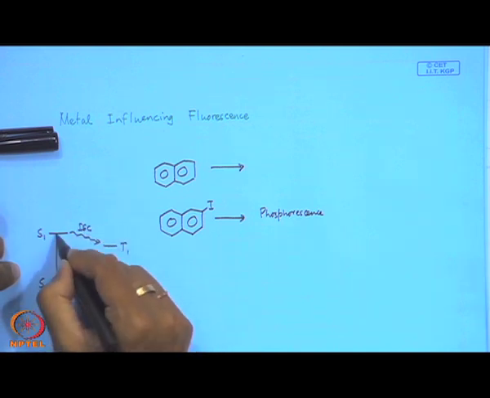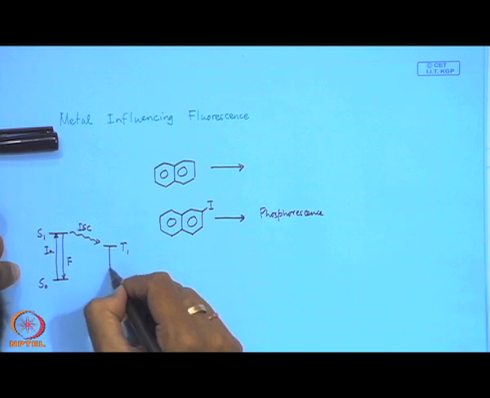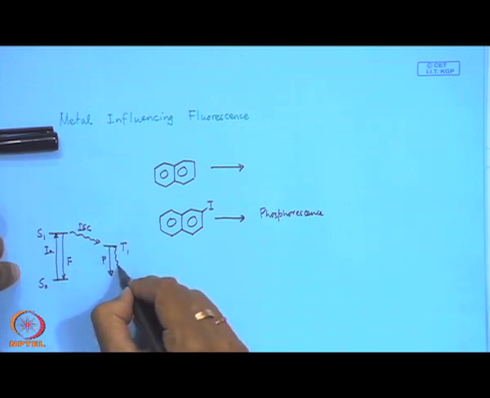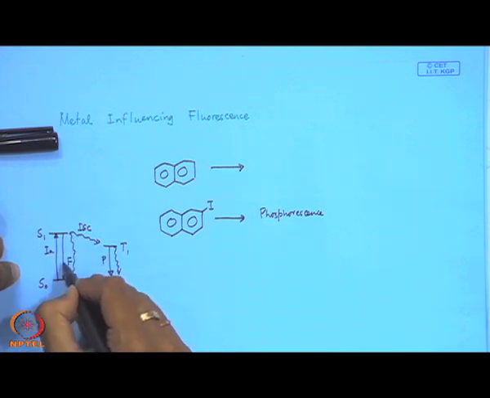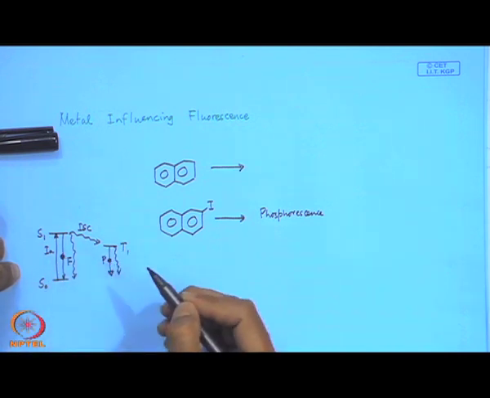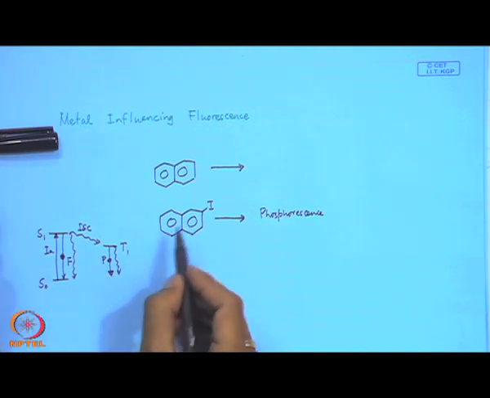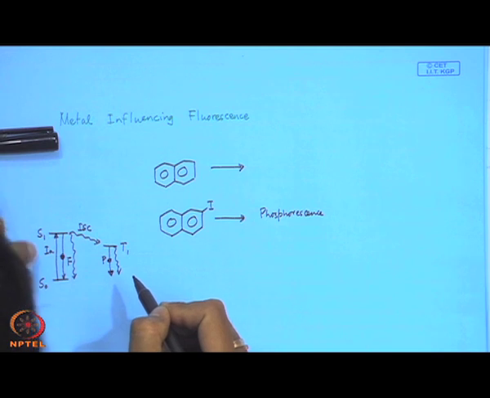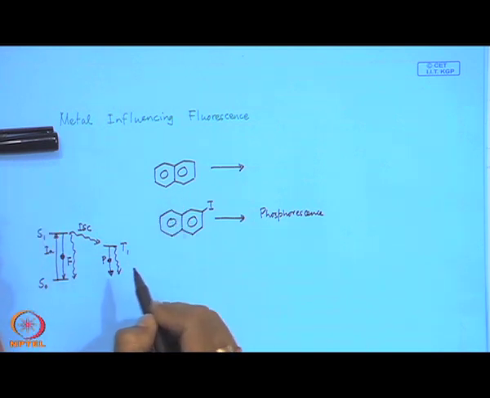So, this is your IA, this is your F, fluorescence, and this is your P, phosphorescence, and there can be non-radiative processes as well. Phosphorescence intensity you can expect to be more in the case of iodo-naphthalene than in the case of naphthalene.